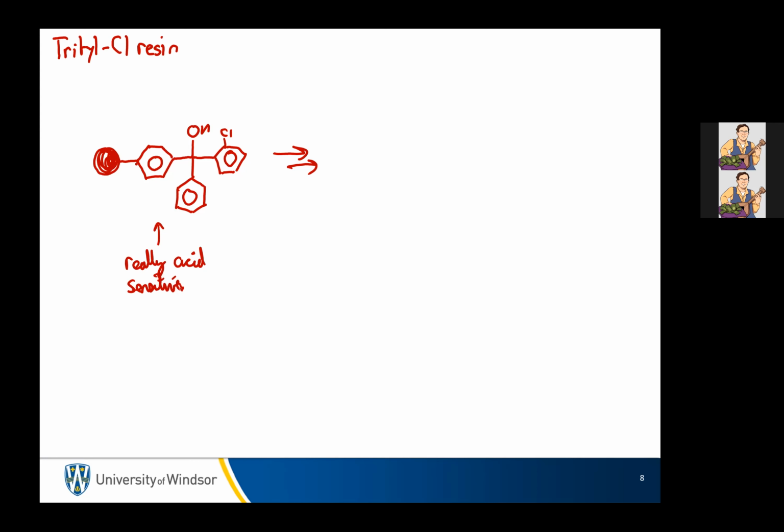And it's very, very easy to cleave. So we have our resin. We actually use the trityl chloride because it's a little bit harder to cleave than trityl, so it doesn't do it by accident as easily.